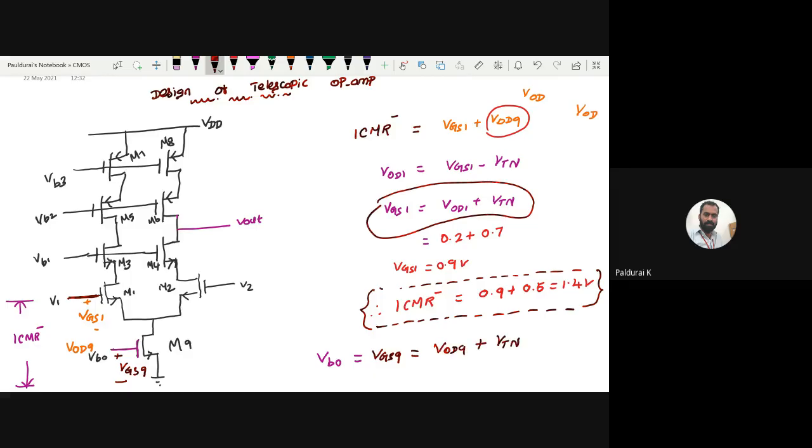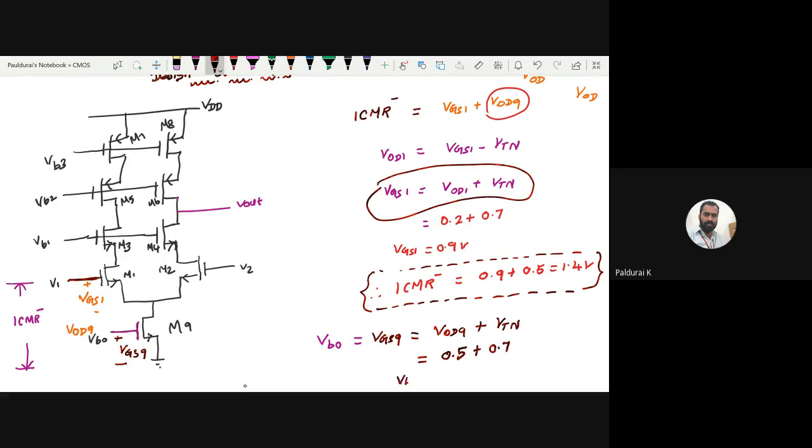Since the ninth transistor is an NMOS, I took VTN. The overdrive voltage of the ninth transistor is 0.5 plus 0.7, so it is 1.2. So VB0 is 1.2 volt that you want to give. This is the way to calculate VB0.